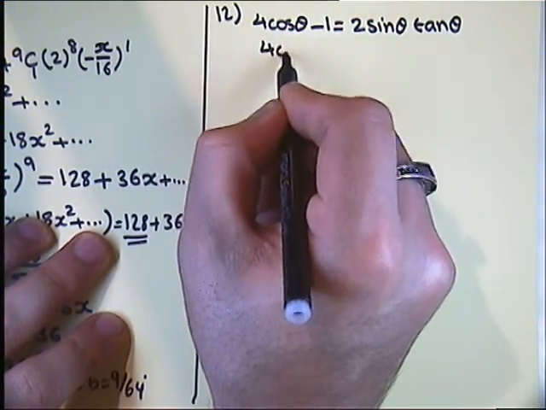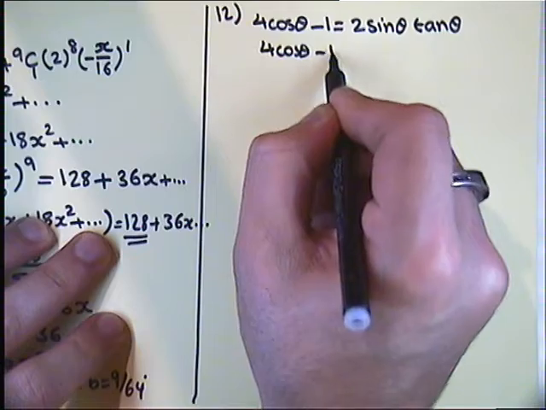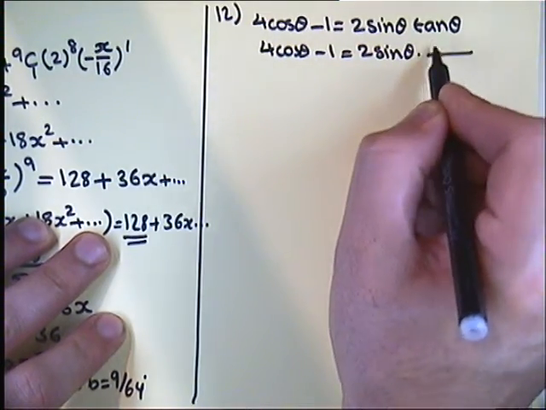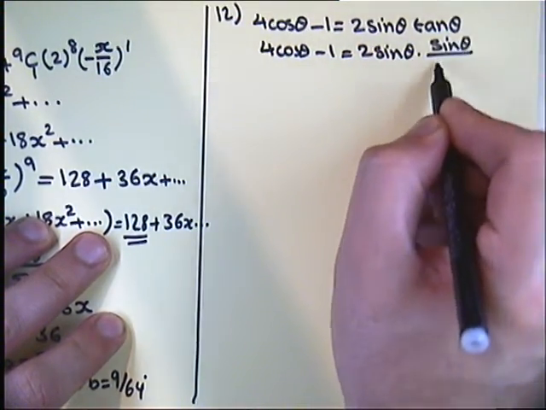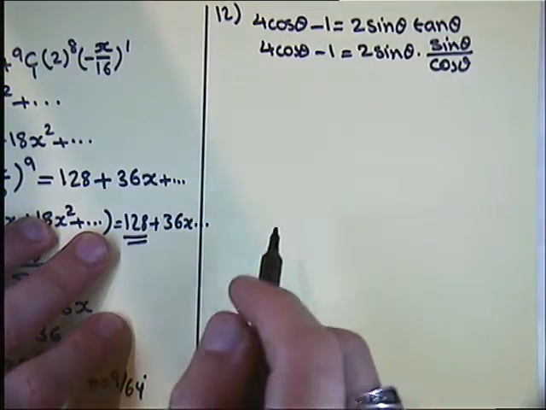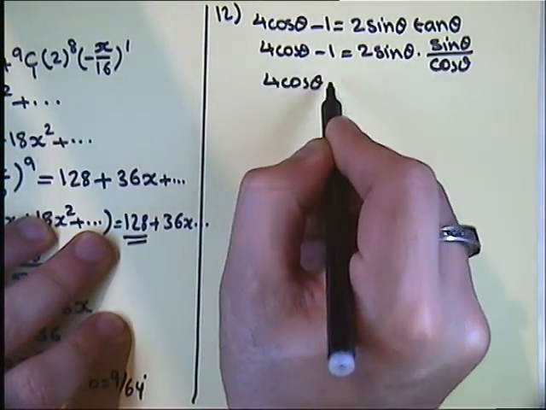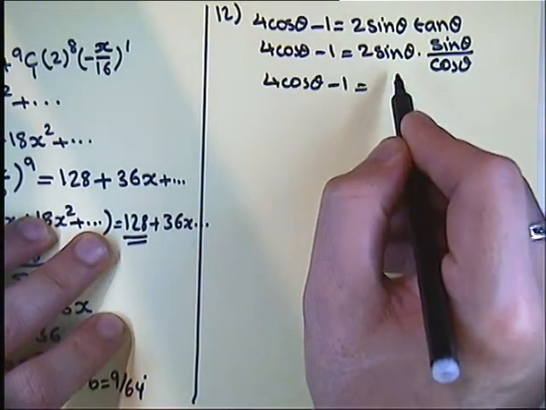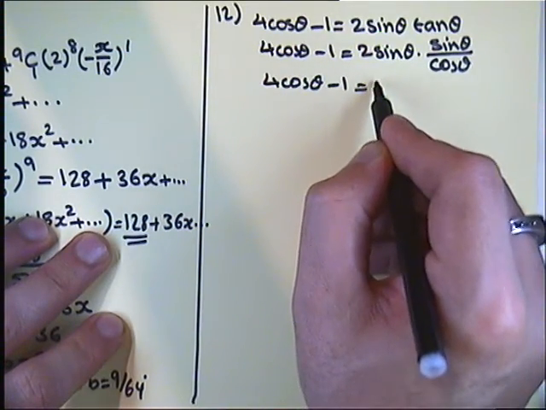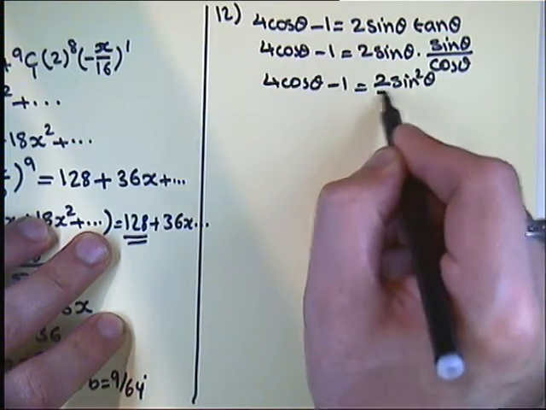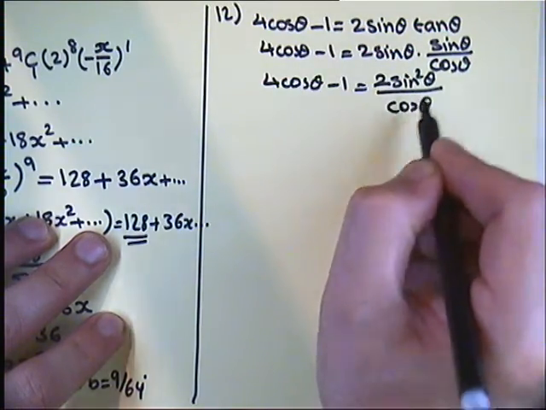Therefore, 4 cos theta minus 1 equals 2 sine theta times by sine theta over cos theta, which is 2 sine squared theta over cos theta.